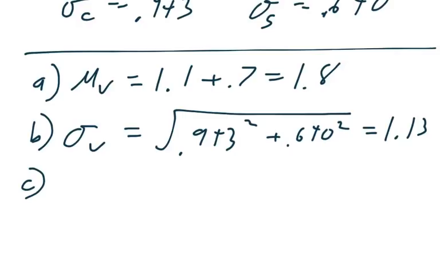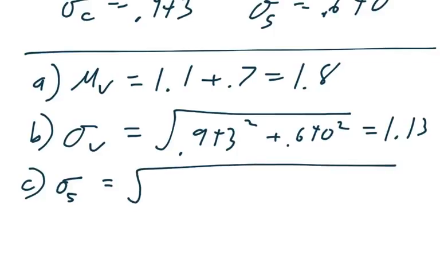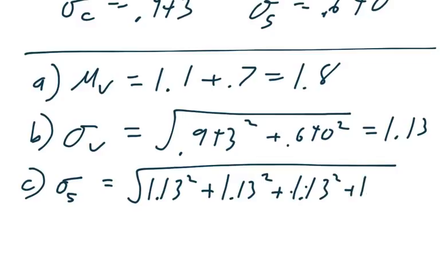Letter C, what is the mean of the standard deviation for vehicles for 5 days? So I'm going to call this sigma for 5 days. And what I'm going to do is take 1.13 squared plus 1.13 squared plus, I'll just write them out, 1.13 squared plus 1.13 squared plus 1.13 squared, because when we have these days, each day adds to the standard deviation.